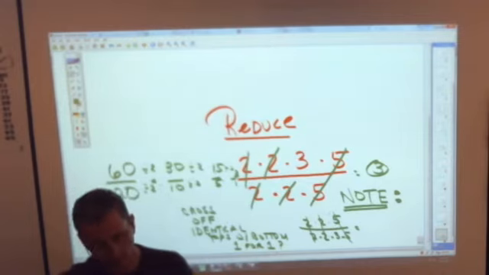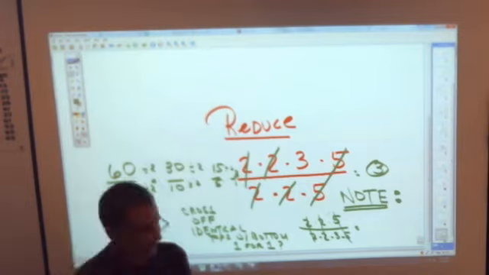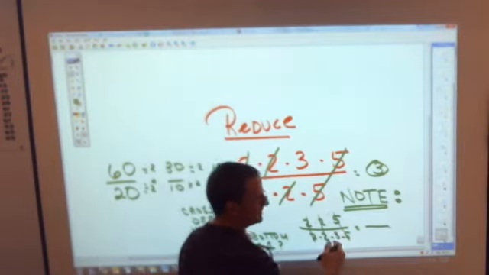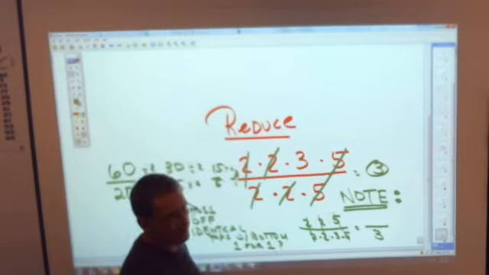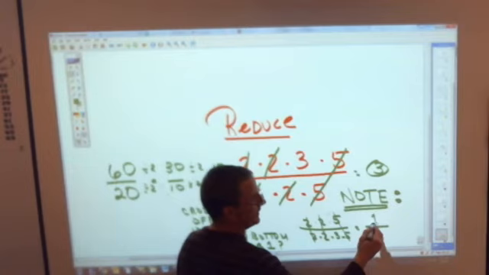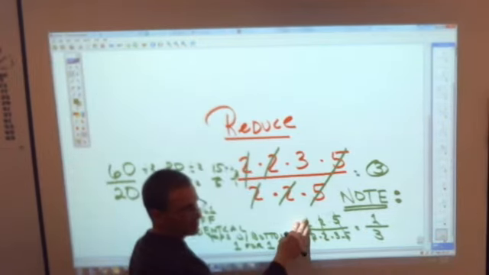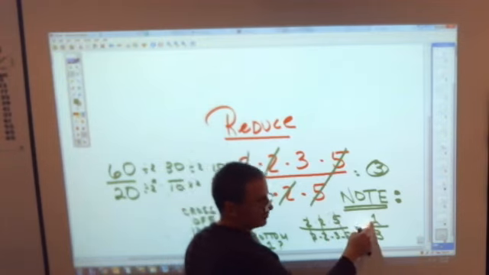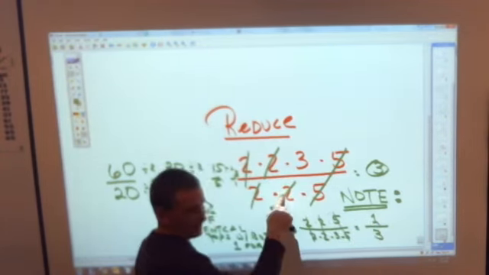Ladies and gentlemen, this is a deep breath moment for you. If you are left with just a number on the bottom, that number has to stay on the bottom, and you must put a 1 on top. If all of the top numbers cross off, there still remains a 1 on top. Now that's really the same case for this one.